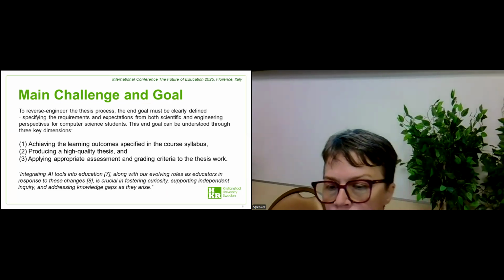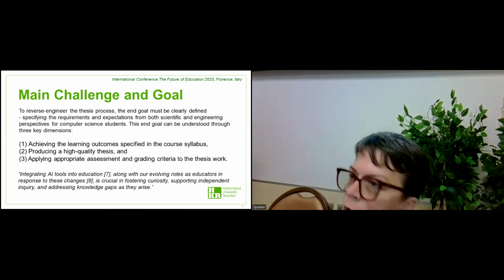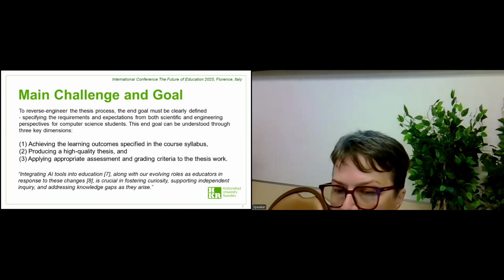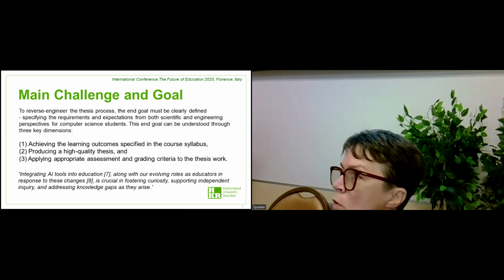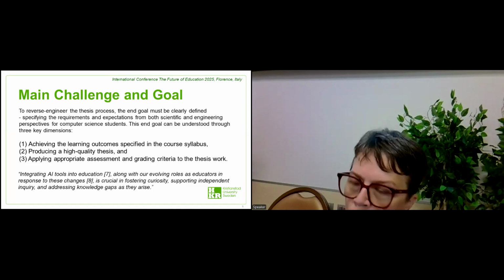So the main challenge and the goal of what we're trying to do, not only at this computer science department but collectively and internationally, is to reverse engineer the thesis process.